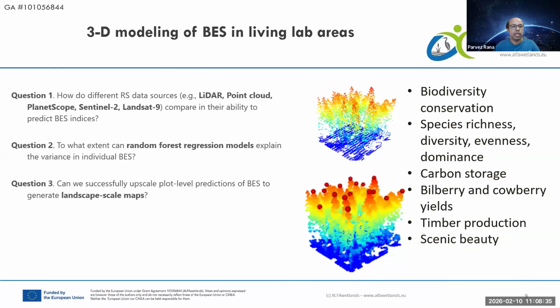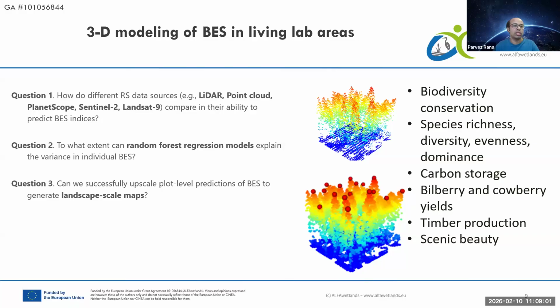Yeah. So this is an example of our exercise. In this exercise, we see whether we can use remote sensing data like LiDAR data, UAV drone point cloud data, PlanetScope satellite data, Sentinel-2 satellite data, and Landsat satellite data, because there is a trade-off among the different remote sensing data.